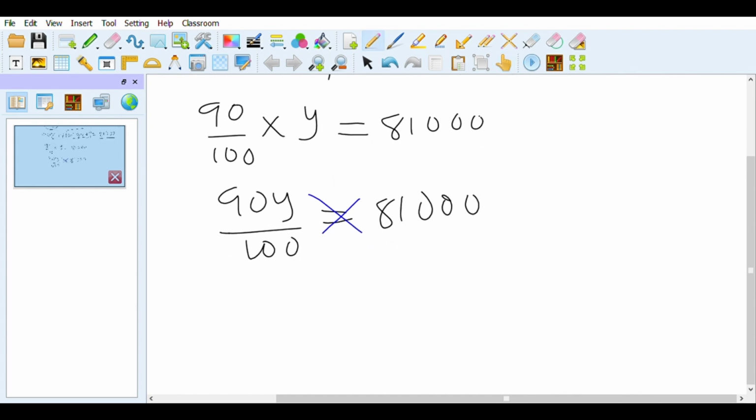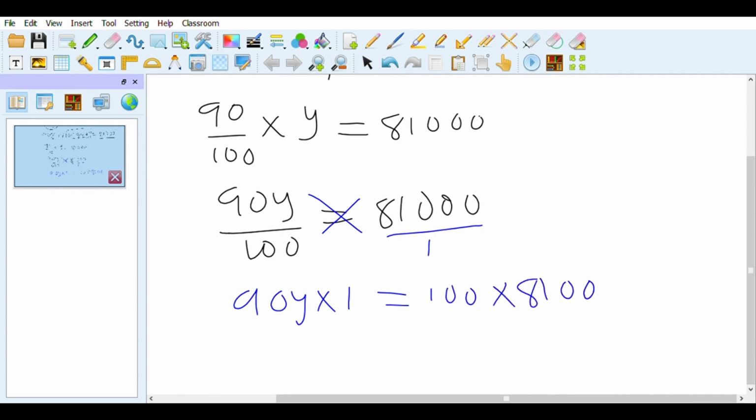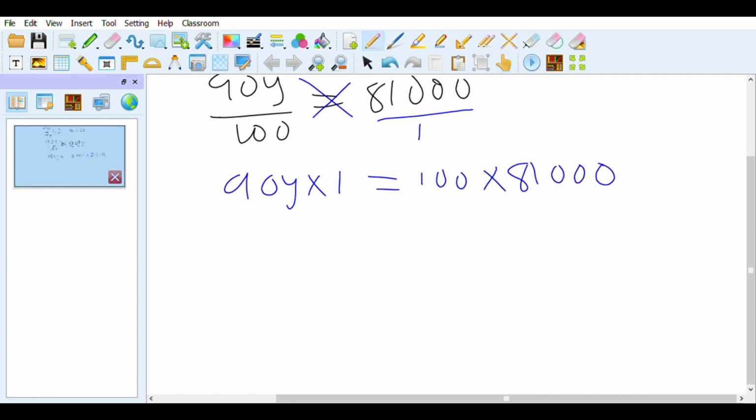This is not a fraction. Since it's not a fraction, we can make it a fraction by saying over 1. So 90y, we multiply by 1, and then 100 we multiply by 81,000. As you can see, this is very simple because for the multiplication by 100, we just add the 2 zeros to 81,000.